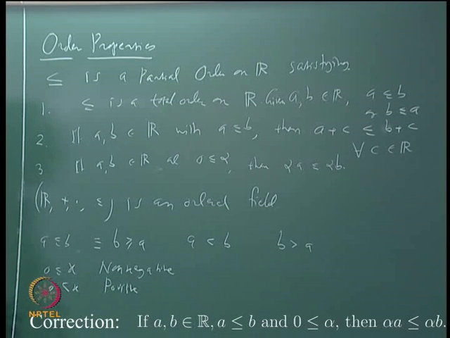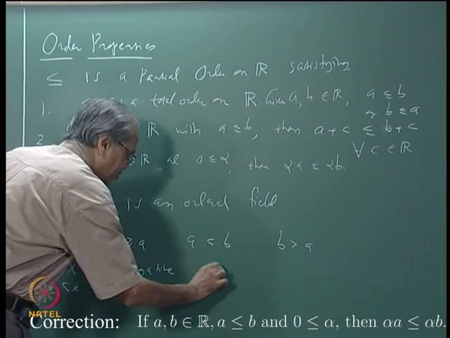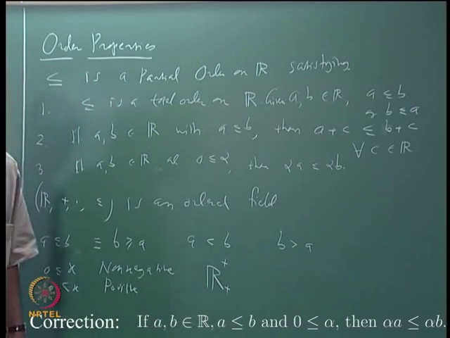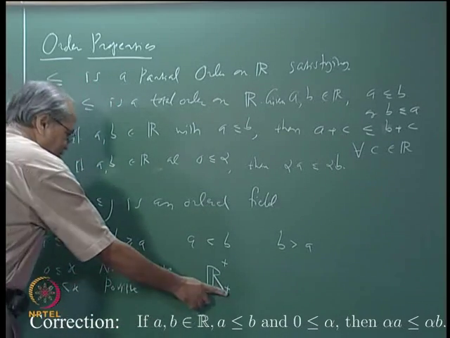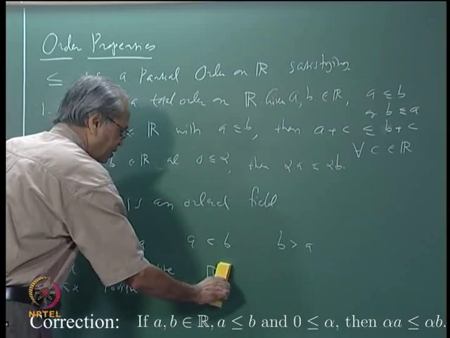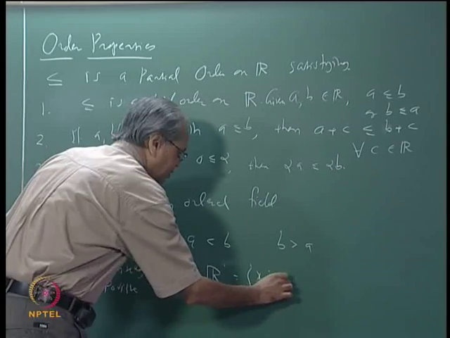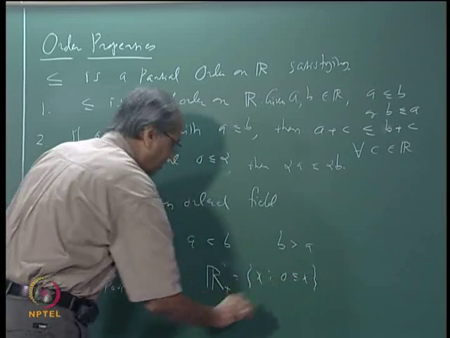Similarly, if x is less than 0 it is called negative, and if x is less than or equal to 0 it will be called non-positive. We shall also frequently use the notation R plus, which is the set of all x such that 0 is less than or equal to x, that is, the set of all non-negative numbers.